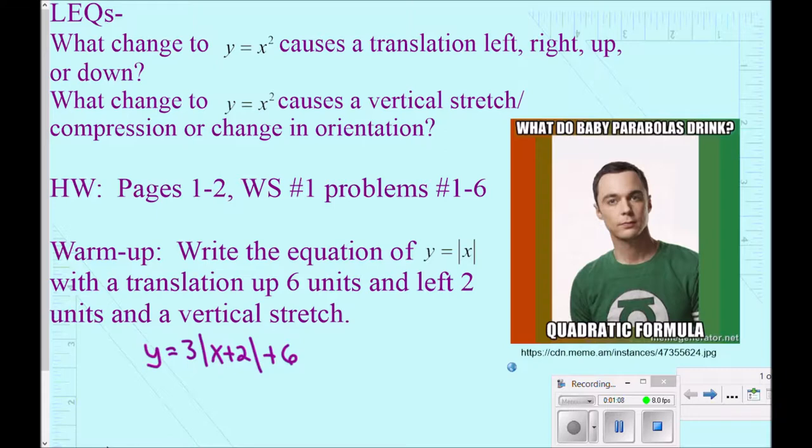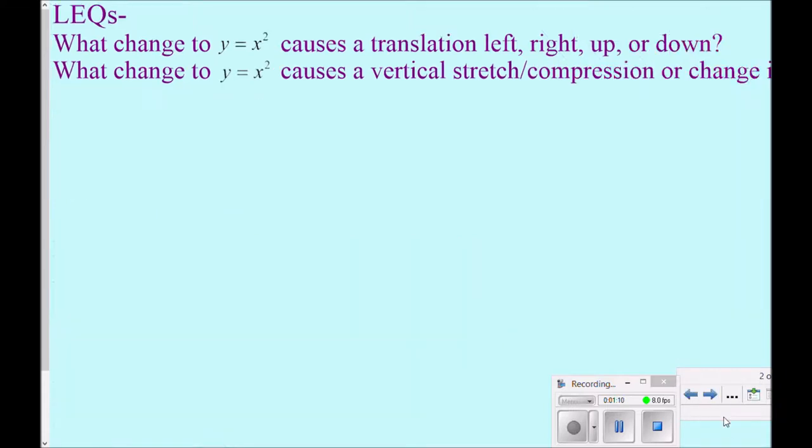Okay, so next, I gave some notes here on parabolas. So we started with the most basic quadratic equation, and the most basic quadratic equation is y equals x squared. So we first just did a little sketch of that. If I'm sketching y equals x squared, substituting in 0, I know I get 0.